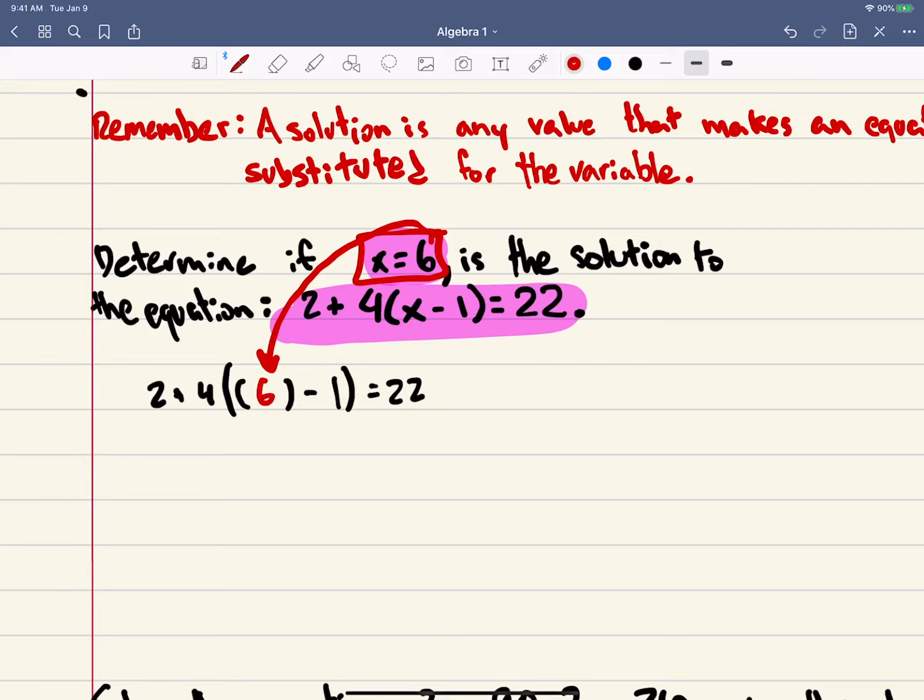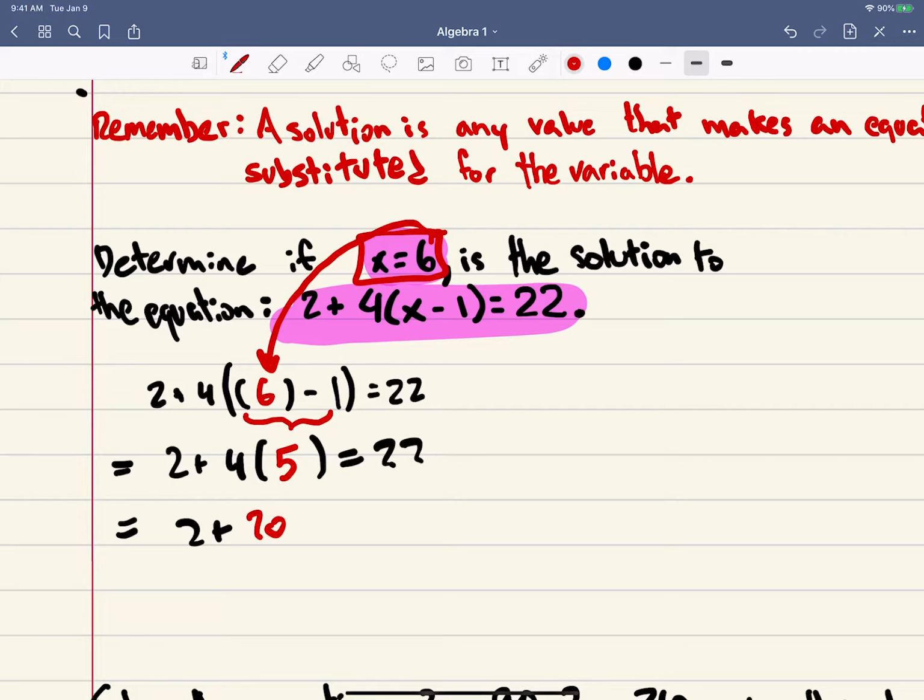Now we have to evaluate. This is just order of operations, PEMDAS. What are we going to take care of first? Parentheses. What's 6 minus 1? That would be 5, and everything else stays the same. Then what's 4 times 5?